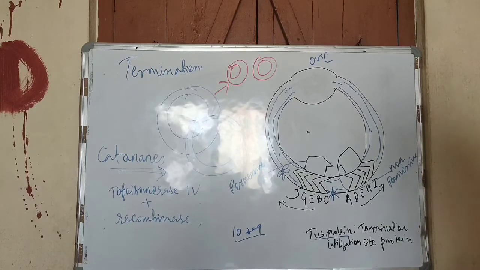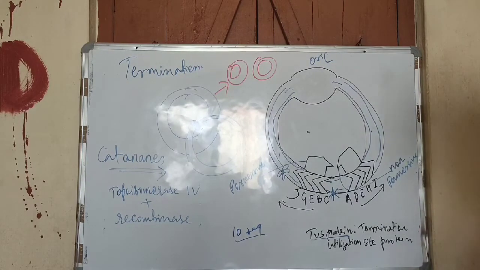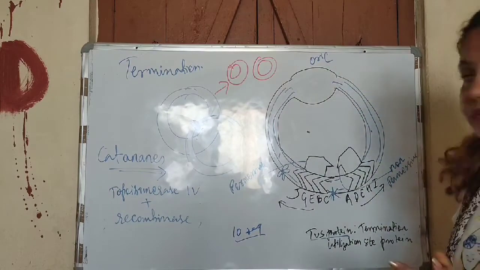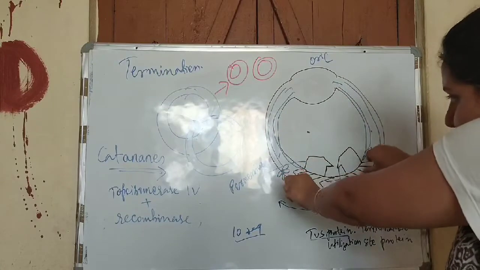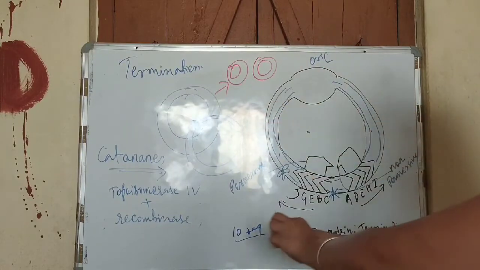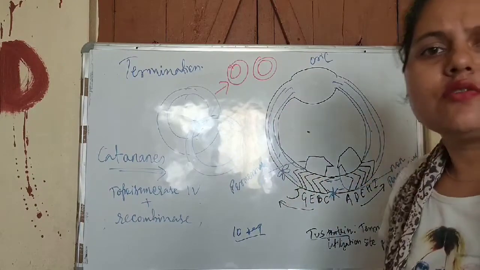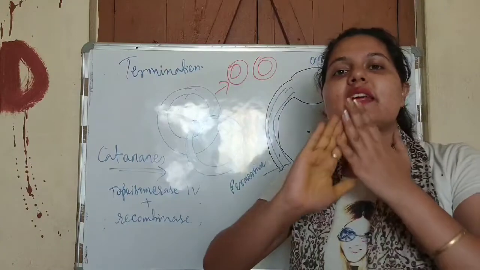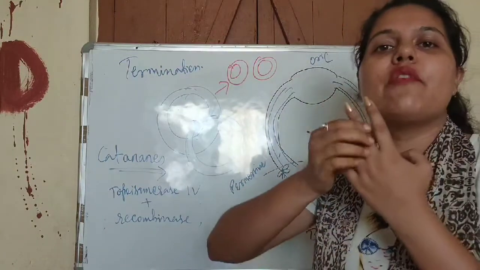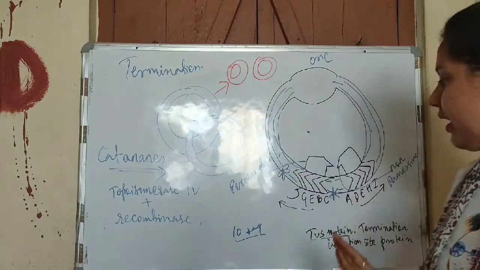So let us recap the thing once more. During the termination process, there is the origin of replication, and from the origin of replication, the replication will proceed from both sides of the replication fork, and it will come to the site of termination. In the termination site, there are 10 termination sequences, 5 in one direction and another 5 in the other direction.